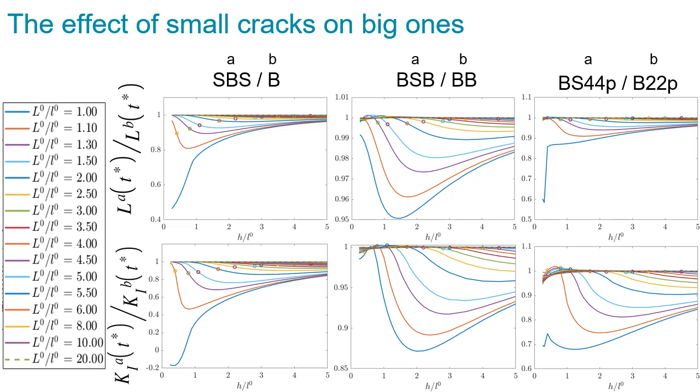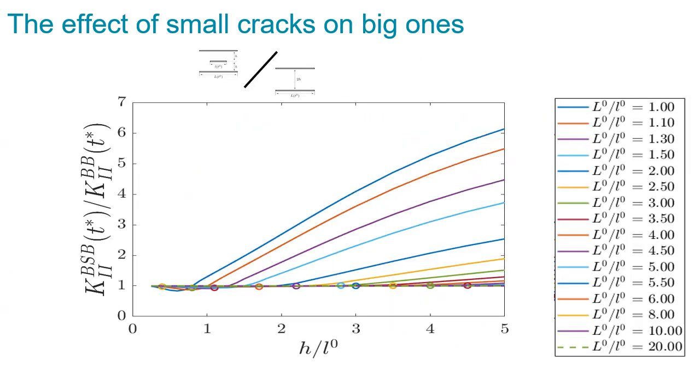Each such configuration has a minimum point. This minimum point is reached when the small cracks go beyond the relaxation zone. Nevertheless, small cracks lying inside the relaxation zone in the first configuration may decrease the mode 1 stress intensity factor of the big crack by more than 10%.